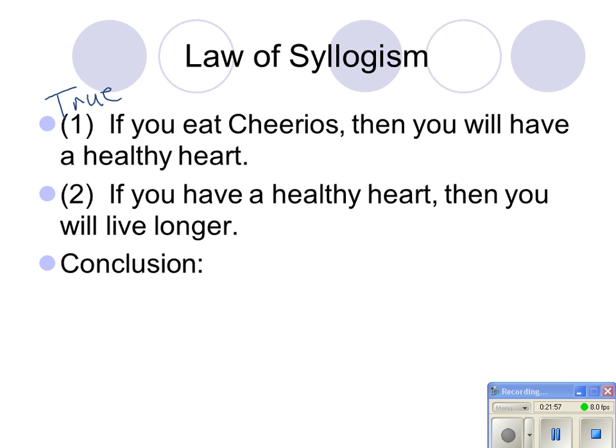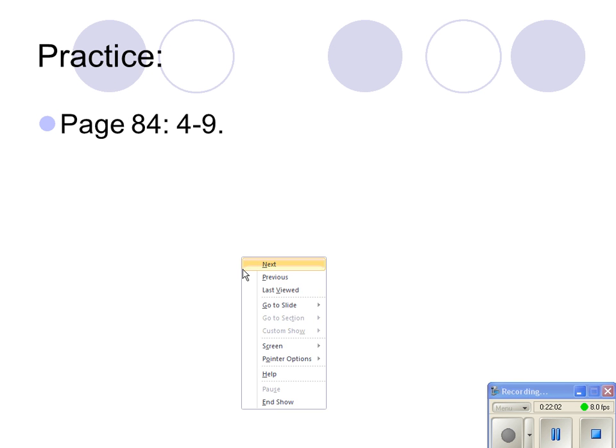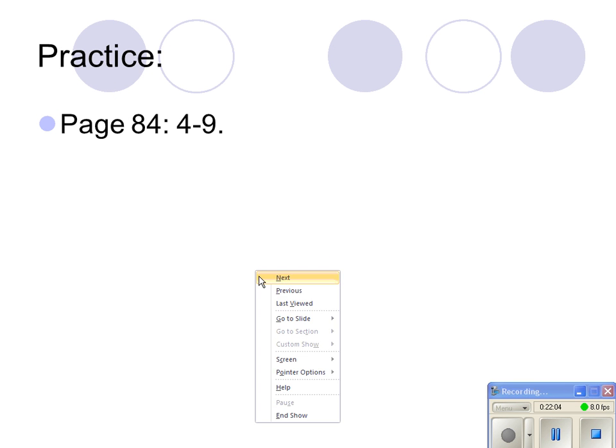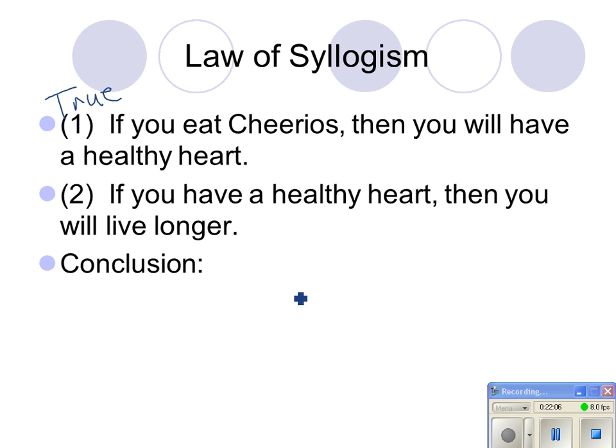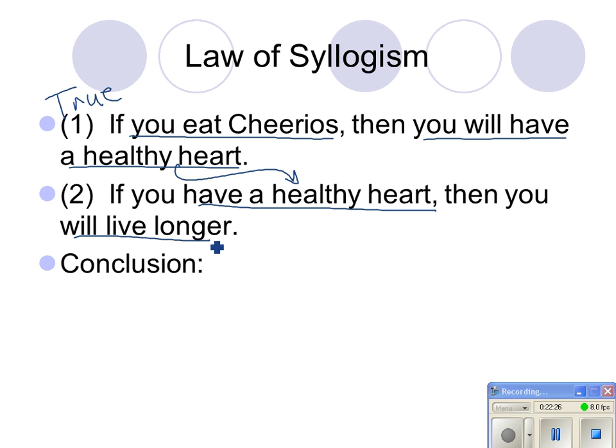Well, using this, you eat Cheerios. That's like our first thing. You eat Cheerios, you will have a healthy heart. Well, that healthy heart leads us right to, then you will live longer.